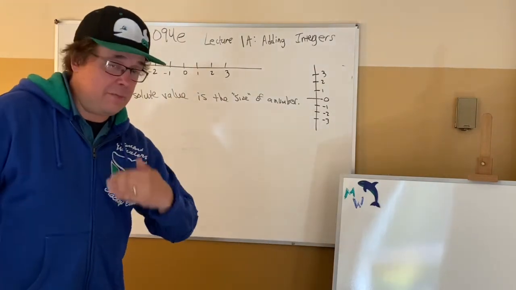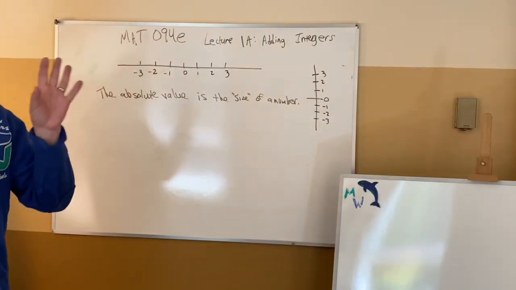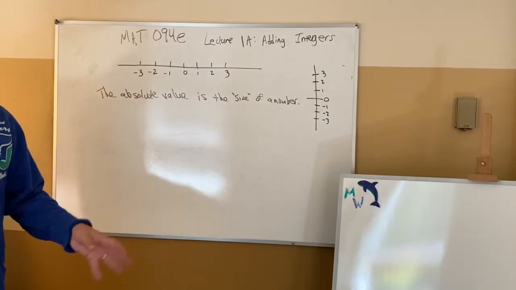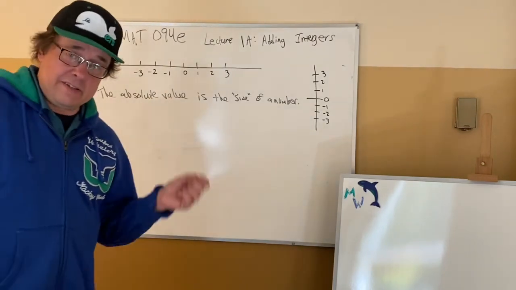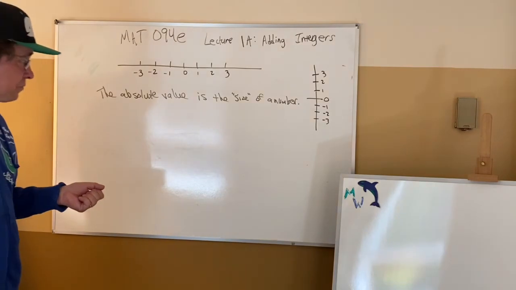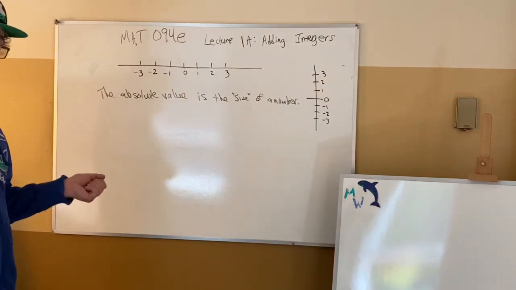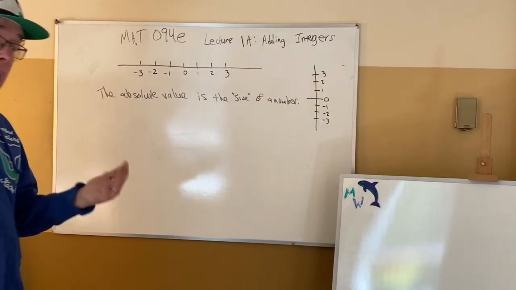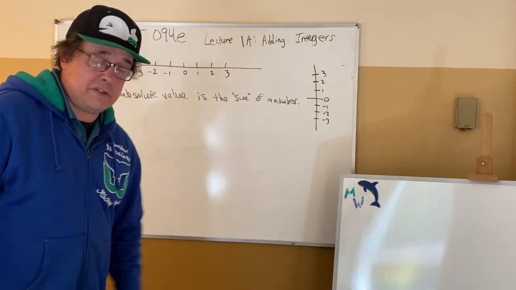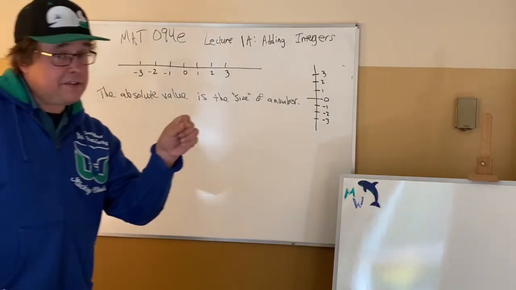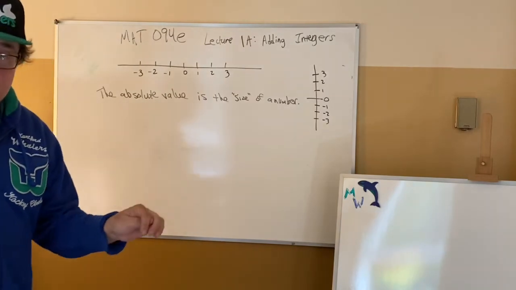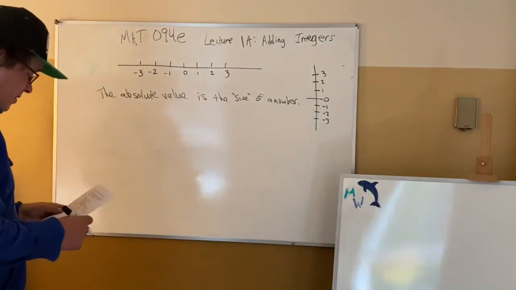If there's more than one digit, give me all the digits, which are keys that are present on your phone or calculator for number digits, single written numbers. So give me the size of the number without a sign in front of it. If it's positive, don't put a plus sign, just give me the digits. If it's negative, don't put the negative sign, the dash that makes it look that way. Just give me the digits.